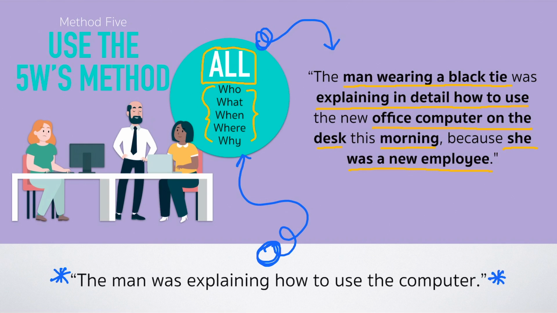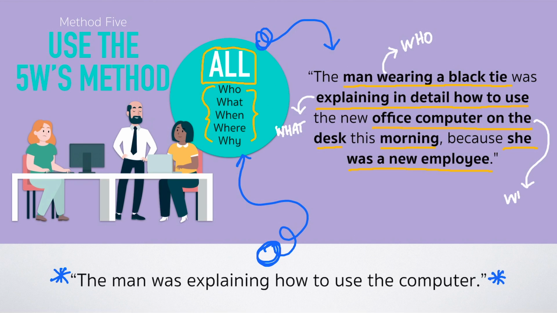So let's see. This is describing who. Very good. Now we have this part right here, explaining in detail. That is, let's use a different color. This is what. We're explaining in detail what he's doing. Then office computer on the desk. Now we have where.